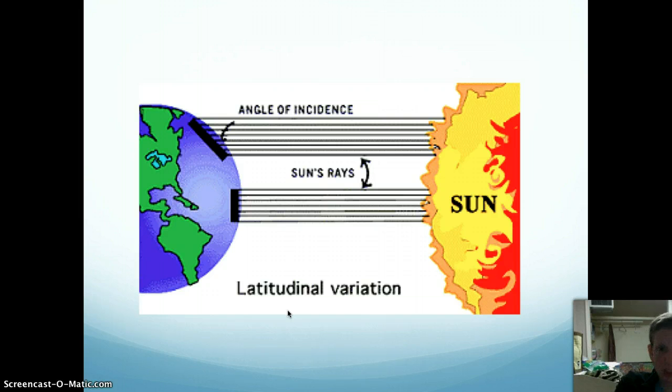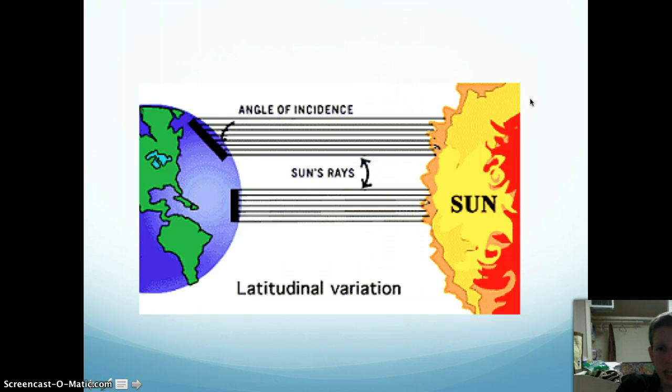You also need to know, and this is a hard concept, we've talked about a lot, and I'm going to keep coming back to it, is that the radiation from the sun hits the equator, approximately the equator, of the Earth first, because the Earth is round. So the distance between the sun and the equator is shorter than between the sun and the North or South Pole.